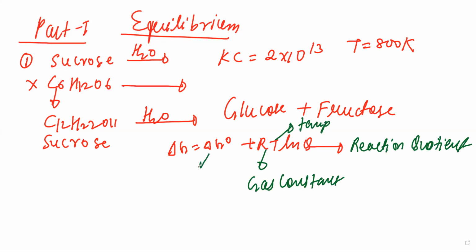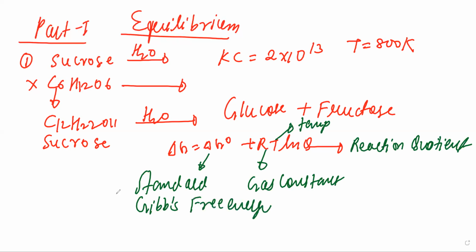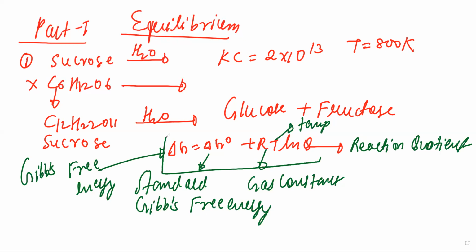Delta G naught is the standard Gibbs free energy, and delta G is the Gibbs free energy only.